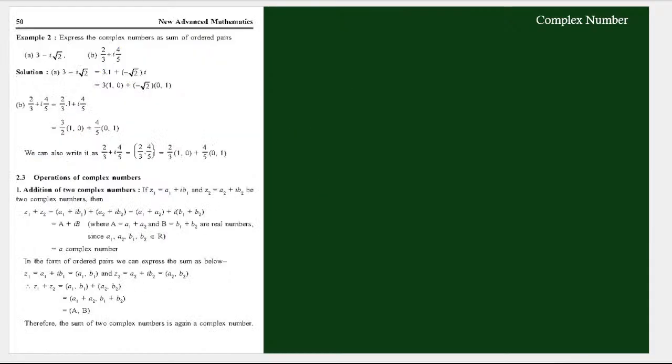Now, sum of ordered pair, how is it? We need to write it as a sum of ordered pairs. So 3 is nothing but 3 into 1, plus, because our complex number is a plus ib, the minus comes with the i root 2, so root 2 we write first and then multiply with i.